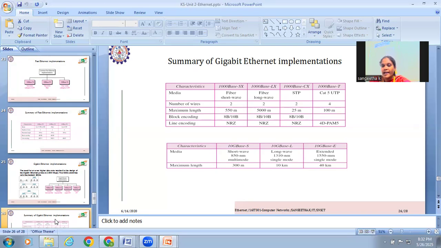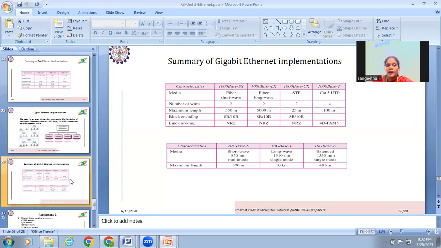Multimode fiber is used in short-wave communication. For long wave, single mode transmission is used, and the extended version also uses single mode. The wavelengths are 850 nanometers, 1310 nanometers, and 1550 nanometers. These are the various specifications of 10 Gigabit Ethernet.